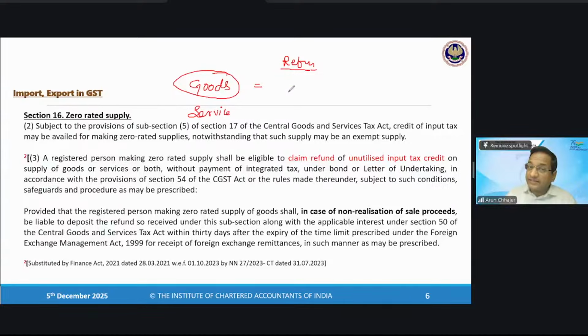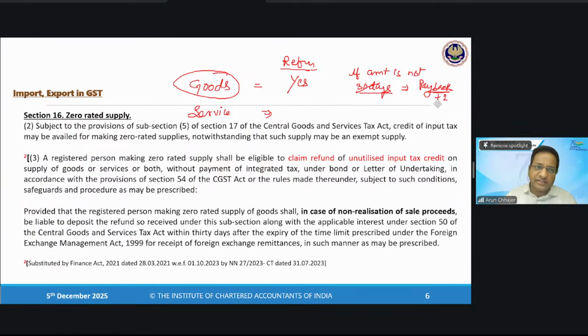Answer is yes. Let me complete goods first. In this case, if the amount is not received within 30 days, then I have to pay back. Whatever I received, I have to give back to the government along with interest.